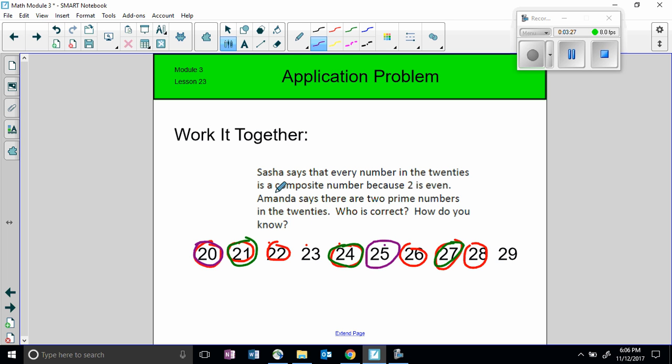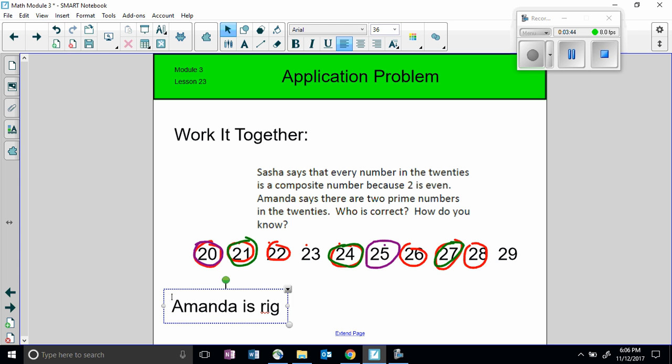So let's look at what Amanda said. So we know Sasha's wrong because the rest of them we won't be able to get to. They're prime. Amanda said there are 2 prime numbers in the 20s. So I would say Amanda is right.